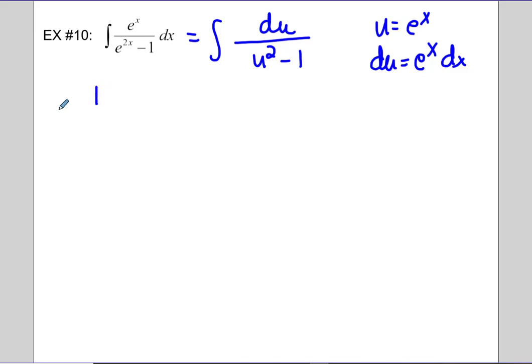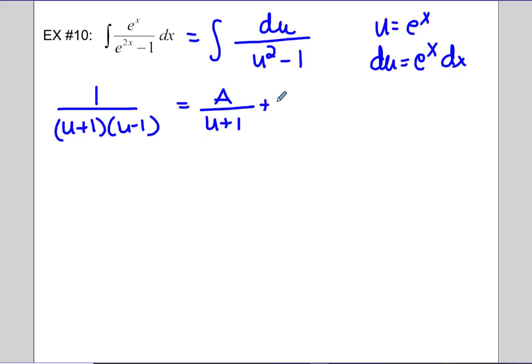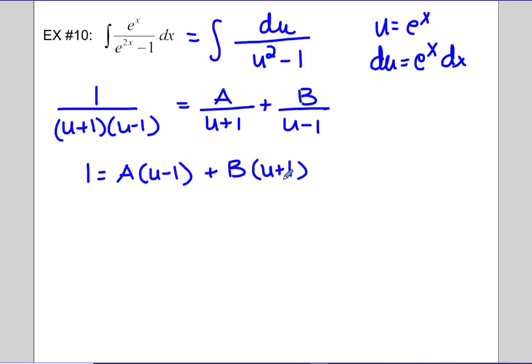So for our partial fractions, we have 1 in the numerator, u plus 1 times u minus 1, and we need an a value for u plus 1 and a b value for u minus 1, and 1 is going to be a times u minus 1 plus b times u plus 1.